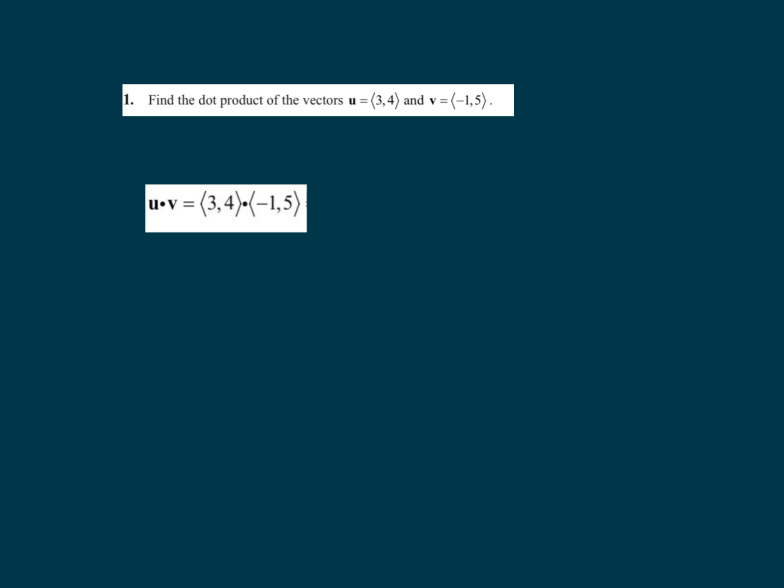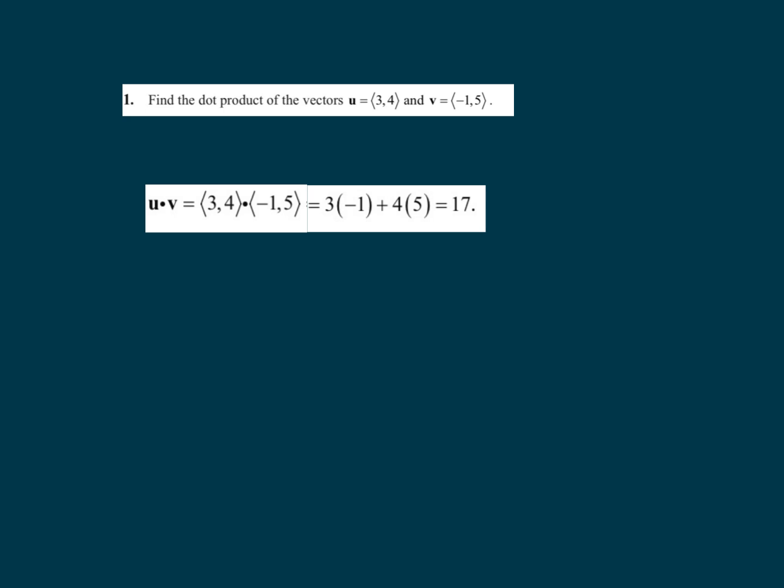Multiply components by components and sum them. Multiply 3 by -1 and add 4 multiplied by 5, and you will obtain a number. This is the dot product. Then we do the operation: 3 multiplied by -1 plus 4 multiplied by 5. The number will be positive, so it will be 17.